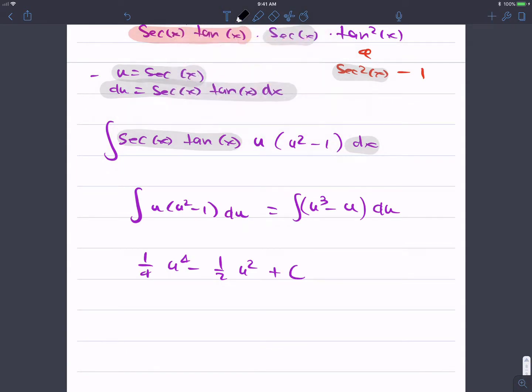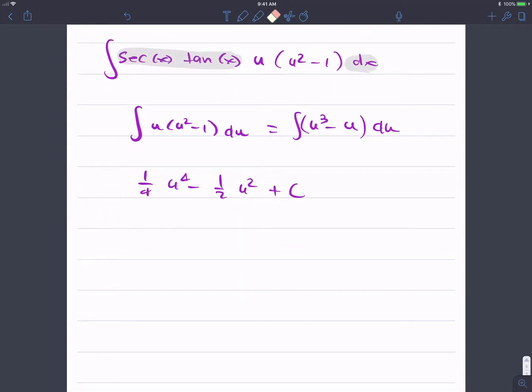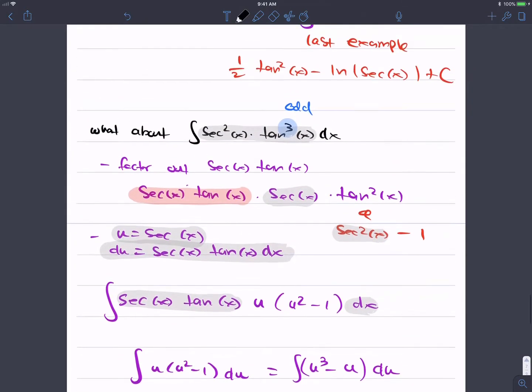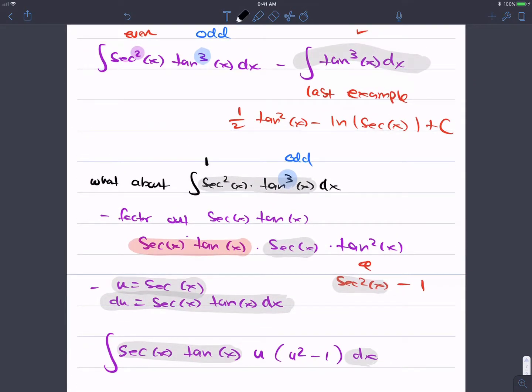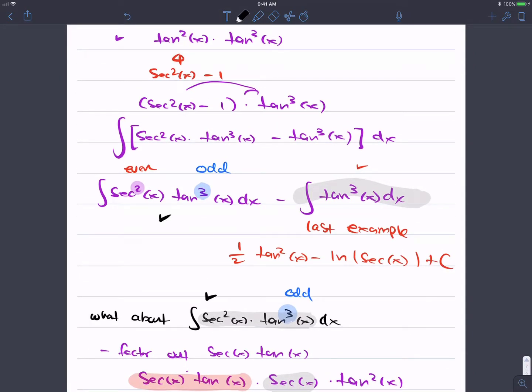So my final answer here is 1/4 secant to the 4th minus 1/2 secant squared. And that's just the first integral, the one we just did here.